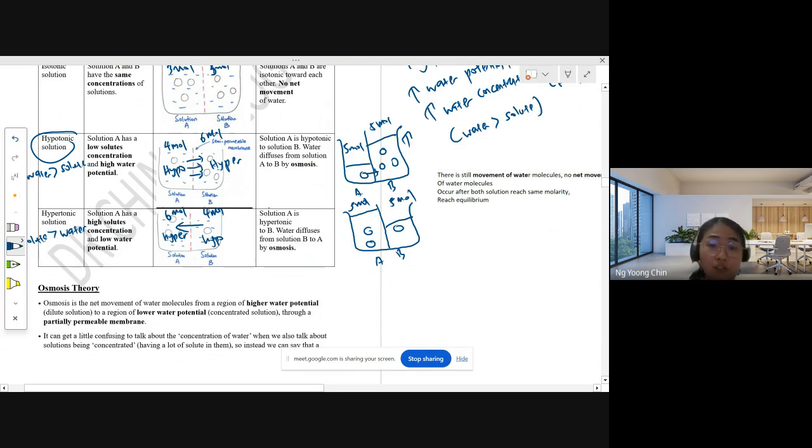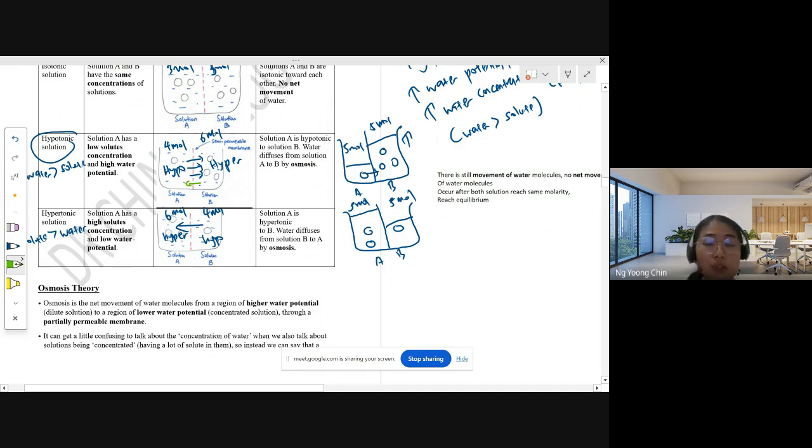However, there is still some movement of water molecules from B to A, just a little. So the majority of the movement will be from solution A to B, and only very few molecules move from B to A.